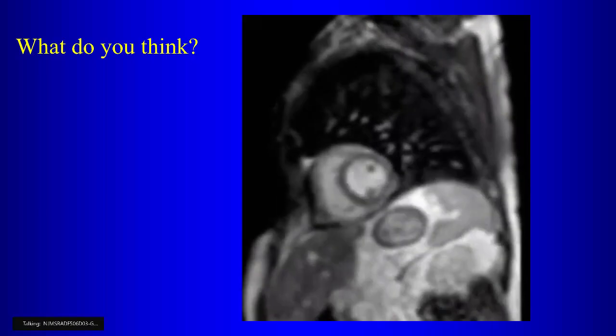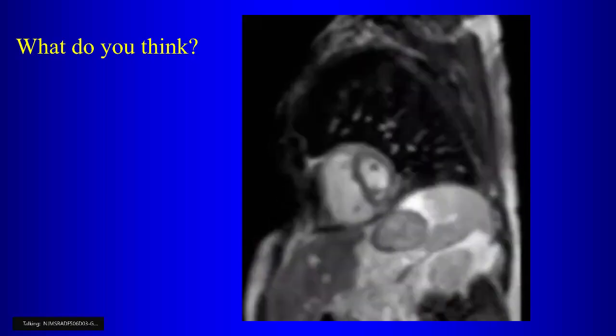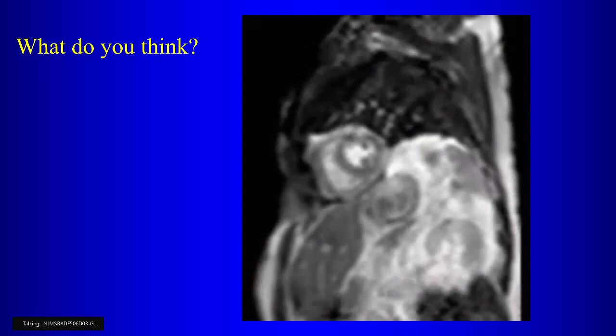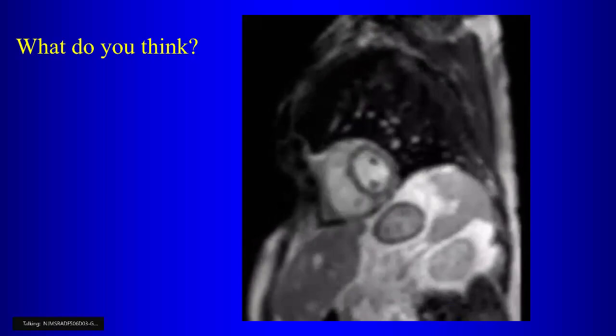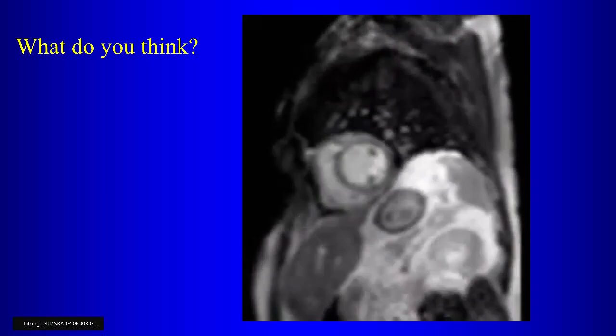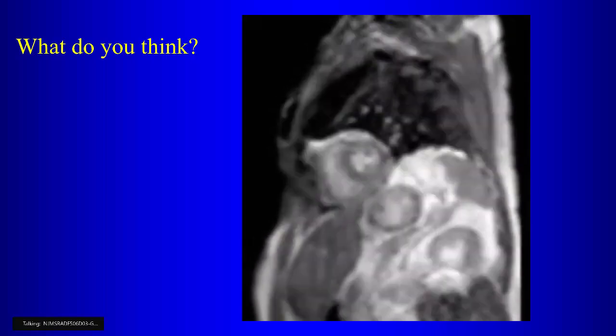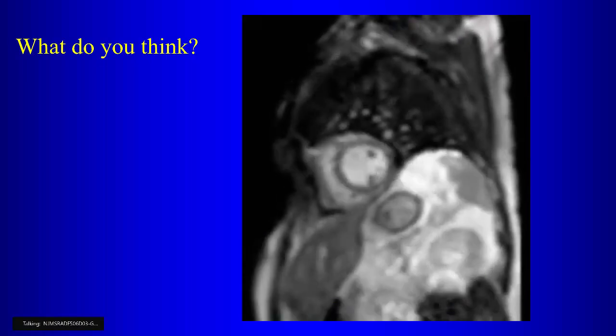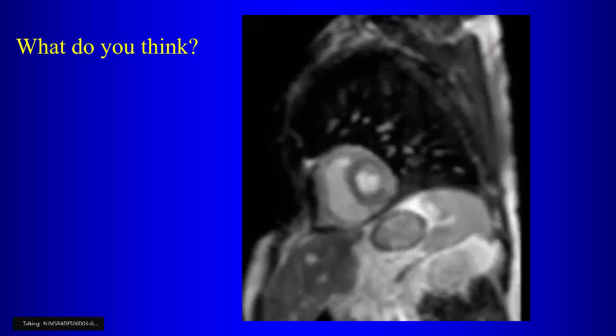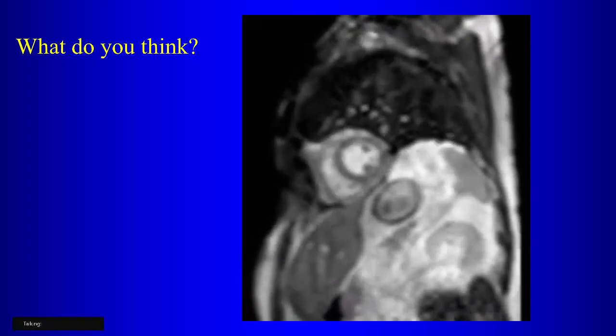When we ask the patient to take a deep breath, it fills the right ventricle, but because the pericardium is constricting the heart, the left ventricle can't fill. And so the interventricular septum is pushed towards the left ventricle. So the flattening of the interventricular septum on inspiration is a sign of constrictive pericarditis, okay?